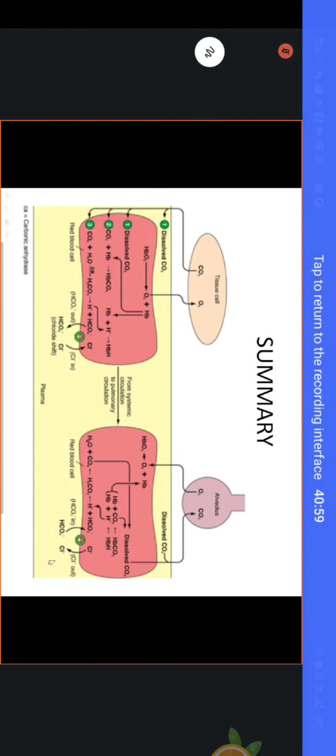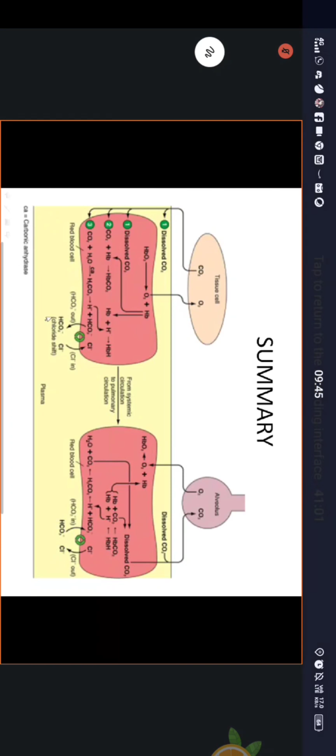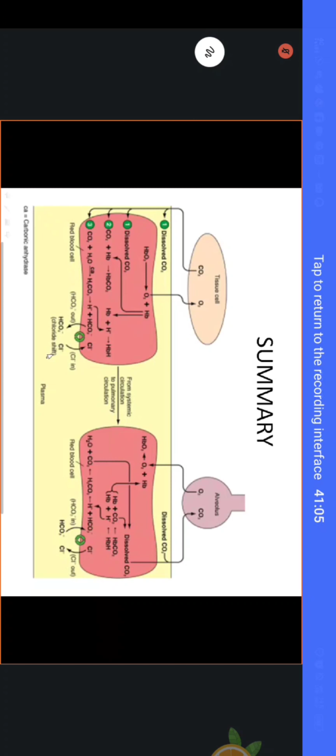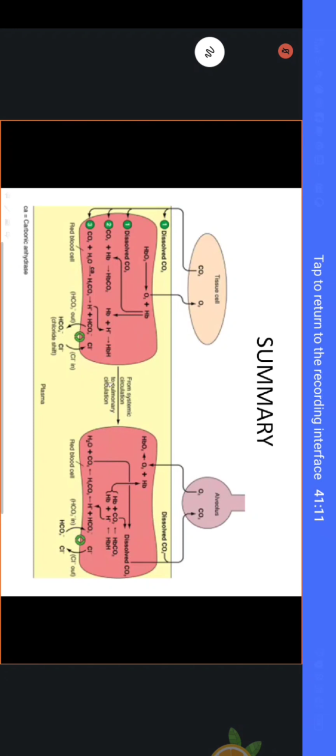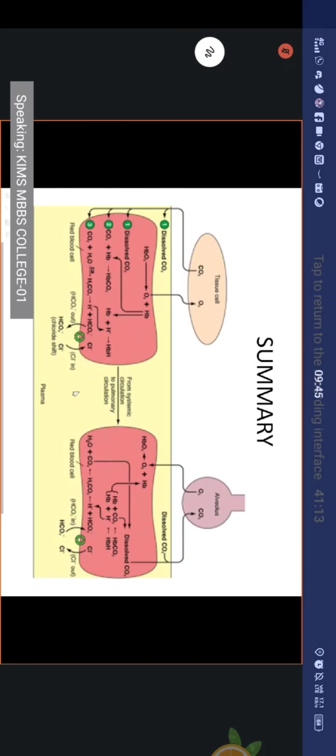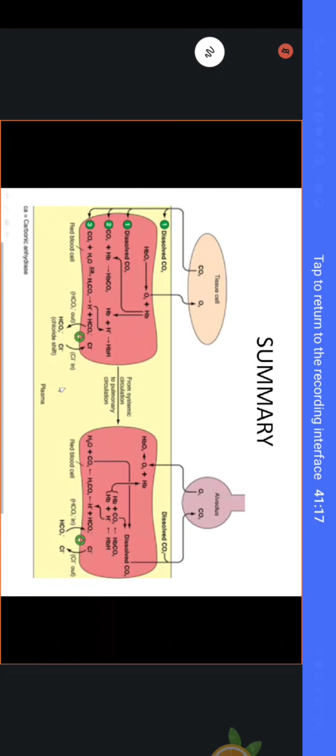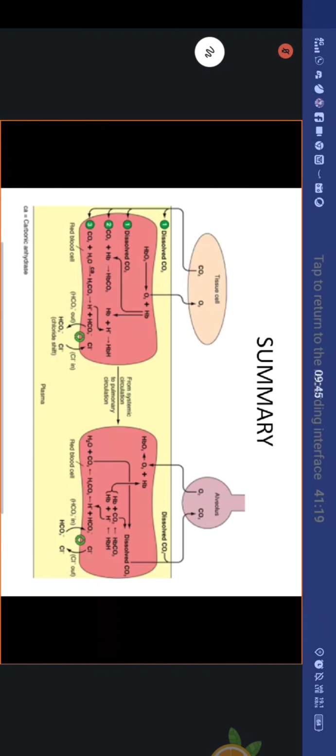Here it is the reverse chloride shift. The chloride shift is also known as Hamburger's phenomenon. Whereas owing to the presence of oxygen, the change in carbon dioxide loading and unloading gives the Haldane effect. So this is the basic transport of carbon dioxide in the body.